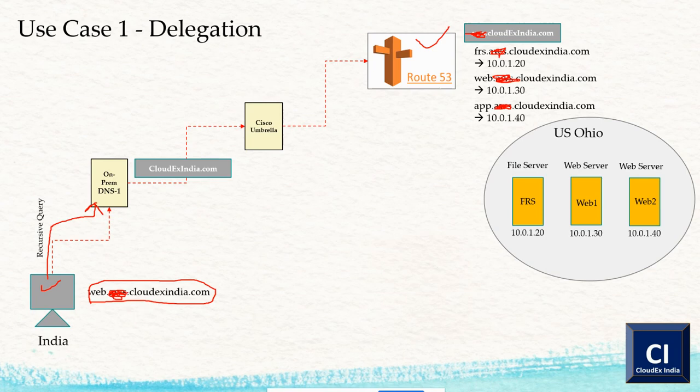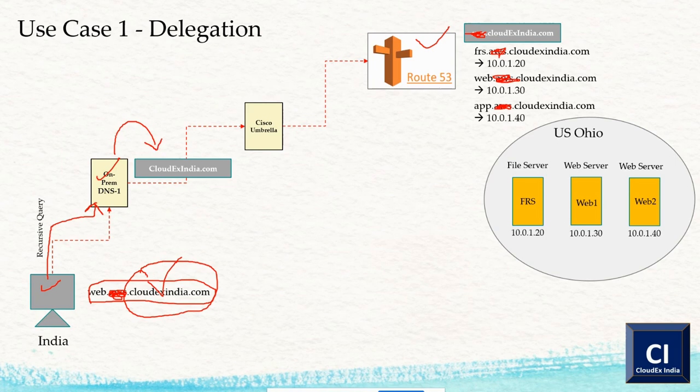It will ask the query, right? Do you know web.cloudxindia.com? I want to communicate. The moment you reach this on-premises DNS server, it will ask what is your query. So you said I have a record web, and I'm searching under cloudxindia.com. It will say, okay, let me verify whether this zone is available in my database or not.